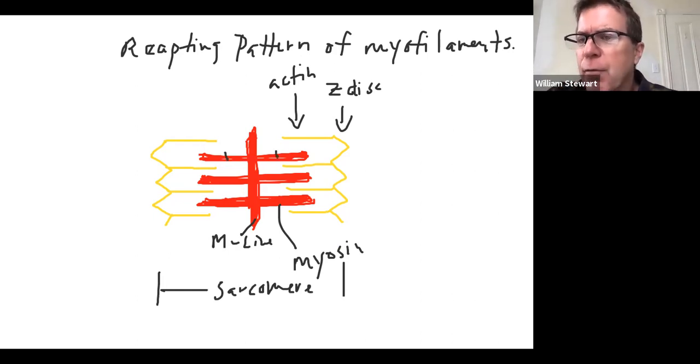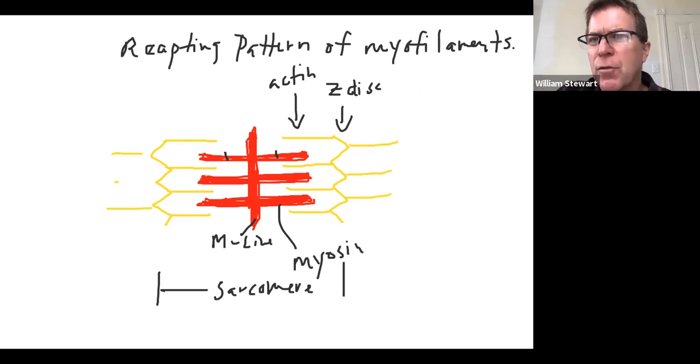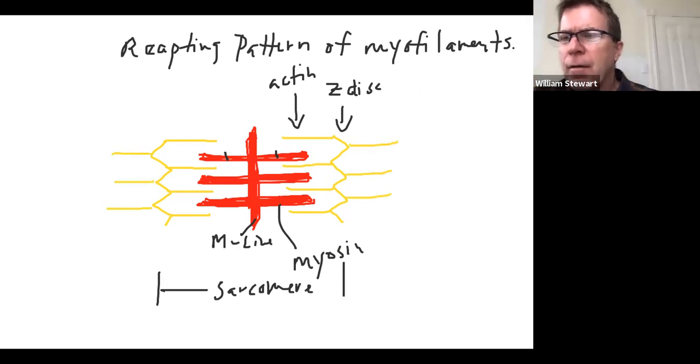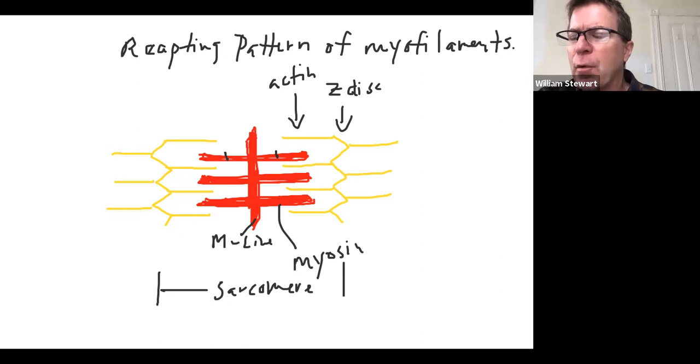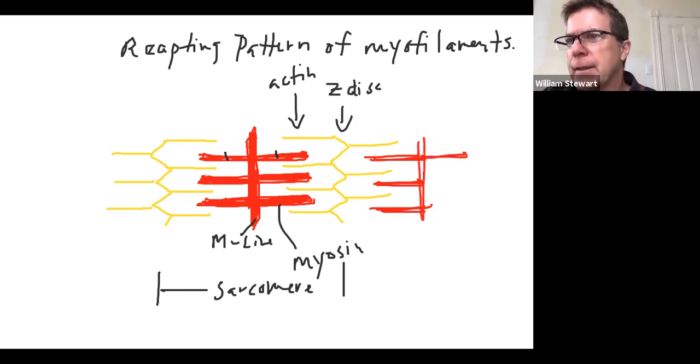Now, this pattern repeats thousands or hundreds of thousands of times down a myofibril. And so now I'm going to just draw to accentuate that point. These would be more actin molecules that I've just drawn. Then there would be a new set of myosin molecules here, another M line, another set of myosin.